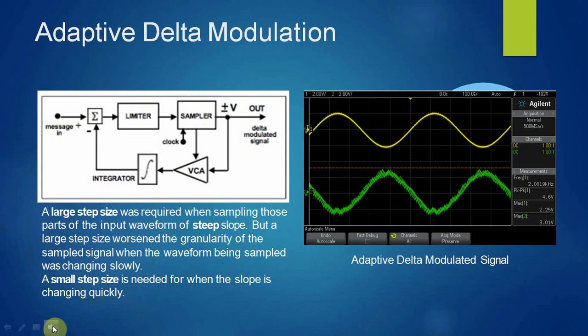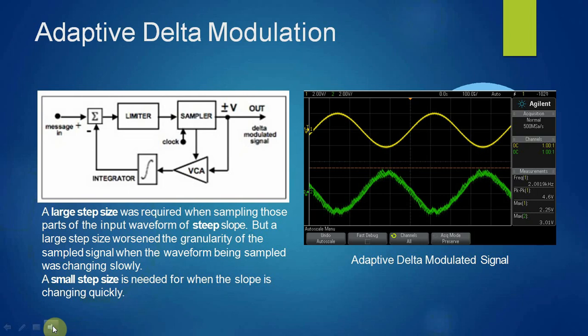Basically your output follows the input. Simply, the output follows the input, and whatever limitations exist in the delta modulation, we can overcome in the adaptive delta modulation.